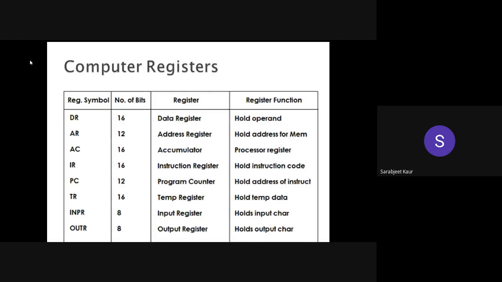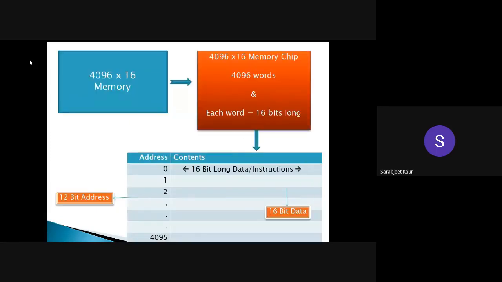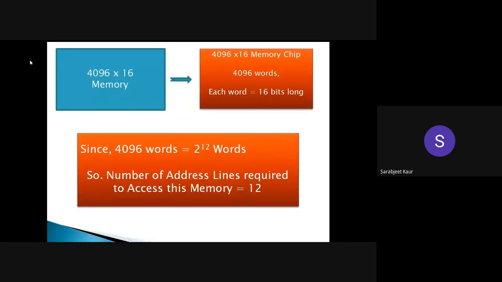So let us just go over the type of registers that we did last time. If you remember, we said that we are going to be following the basic computer laid down in Computer System Architecture by M. Morris Mano, which happens to be a textbook. According to that, we have a 4096 cross 16 memory.